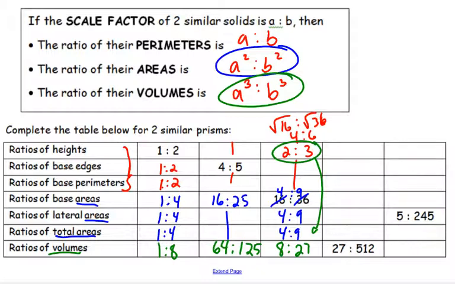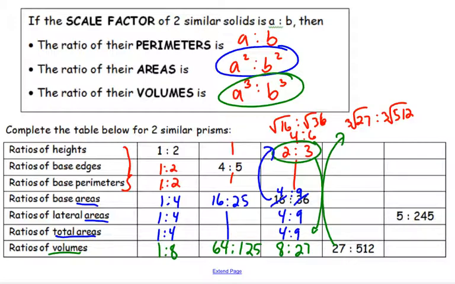So first thing I did in that row was actually go back to here and do the square roots. This time I'm going to go back from my volumes to get my scale factor by doing the cube root of 27 to the cube root of 512. That function is under math on the graphing calculators. It's the third button on the left-hand row of buttons.